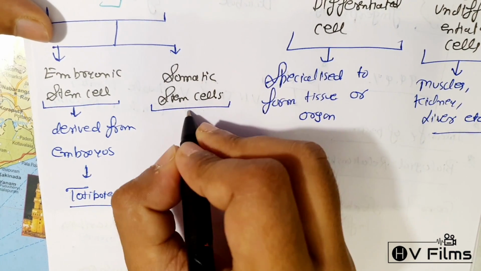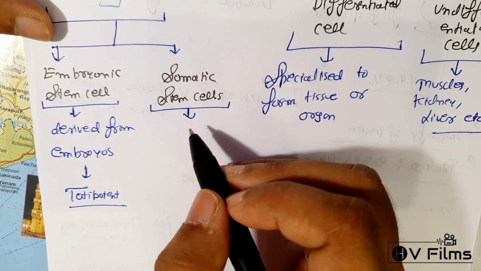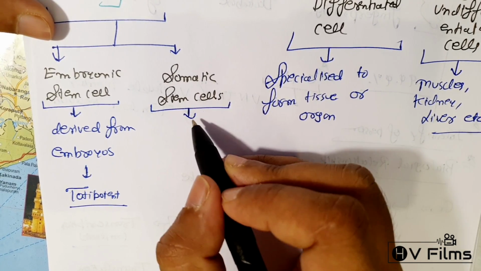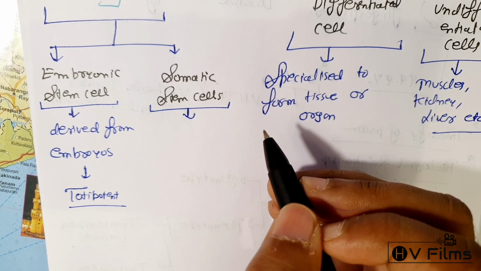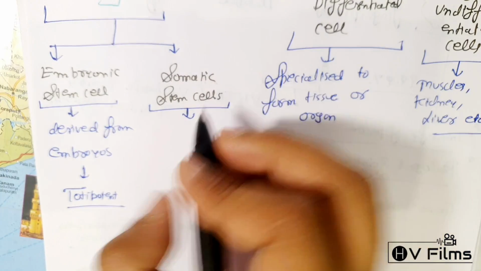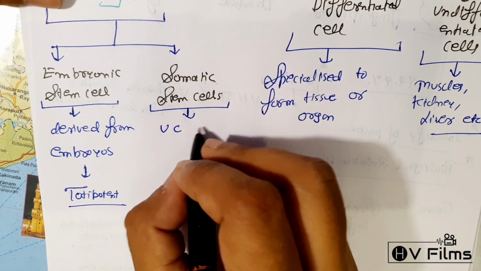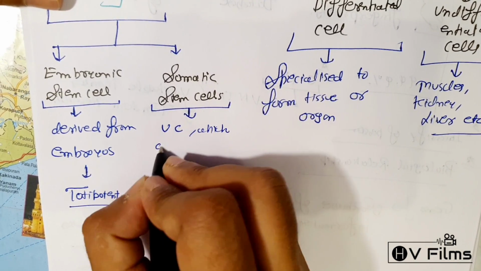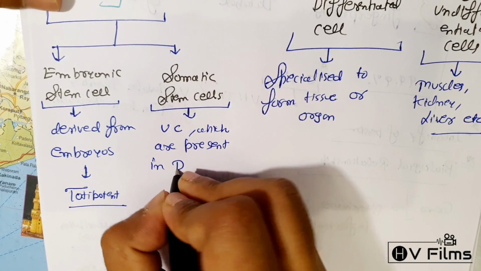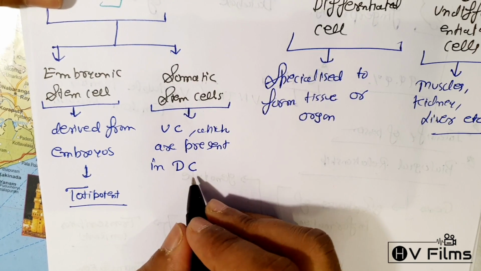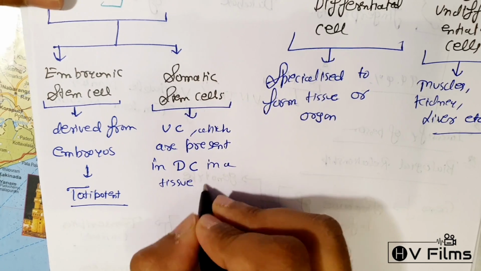Similarly, the somatic stem cells, which we can also sometimes call adult stem cells, are undifferentiated cells (UC) which are present among differentiated cells (DC) in a tissue or organ.